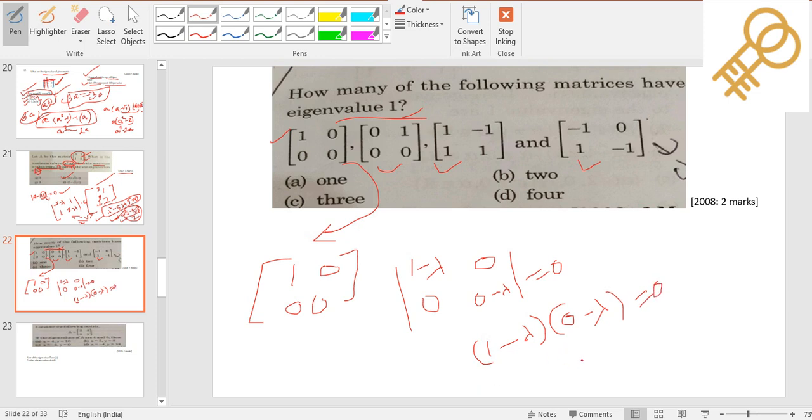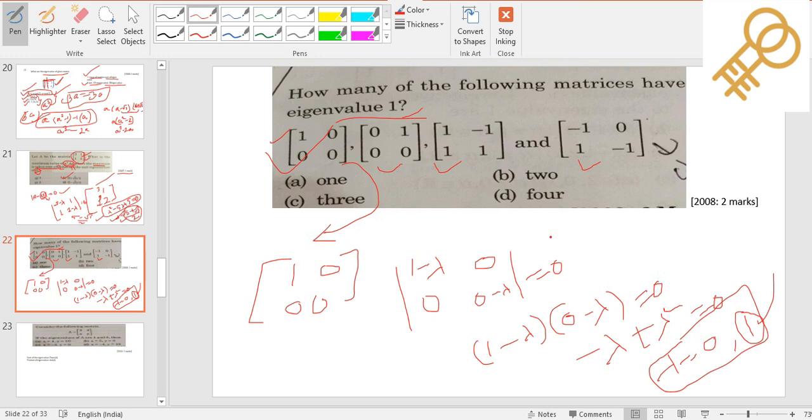The final equation that we'll get is minus lambda plus lambda square equal to 0, that is nothing but lambda is equal to 0 and 1. You'll get two values of lambda, that is 0 and 1. So one of the eigenvalues is 1, so this matrix will have the eigenvalue 1. Definitely this will have eigenvalue 1.